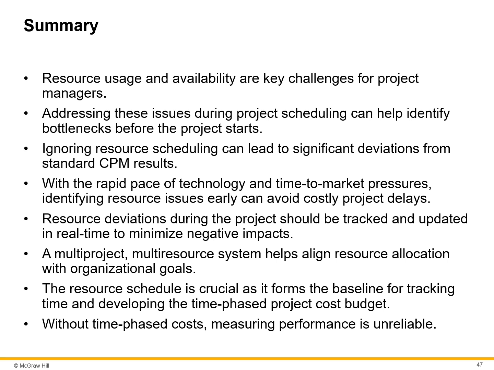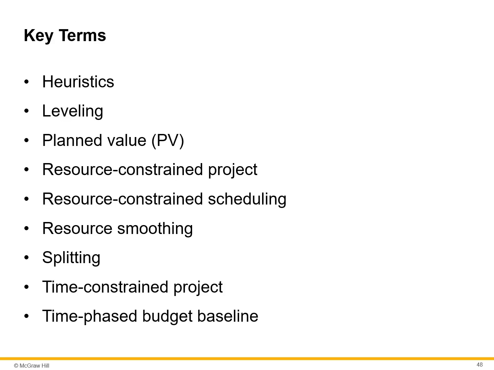A multi-project, multi-resource system helps align resource allocation with organizational goals. The resource schedule is crucial as it forms the baseline for tracking time and developing the time-phased project cost budget. Without time-phased costs, measuring performance is unreliable.